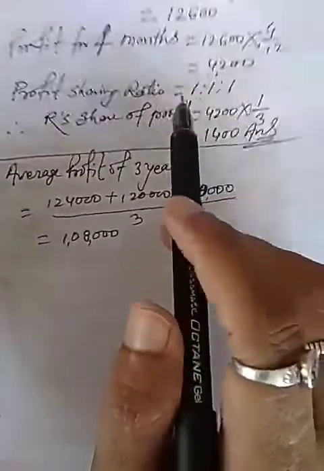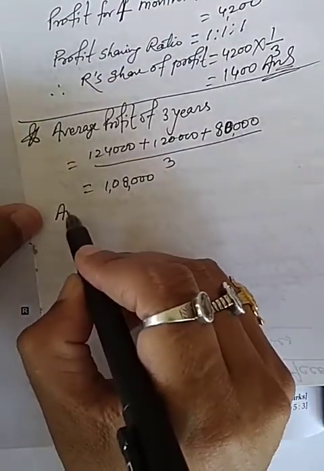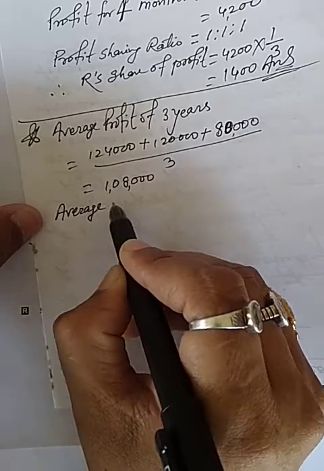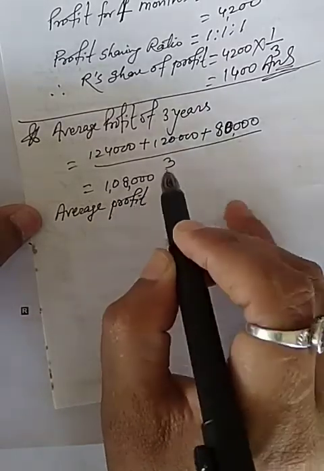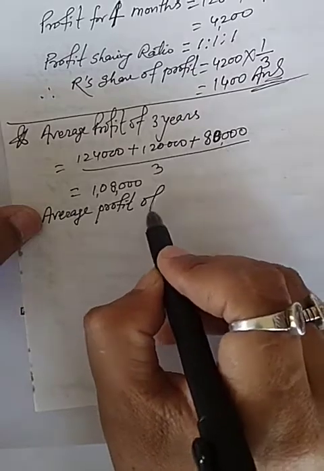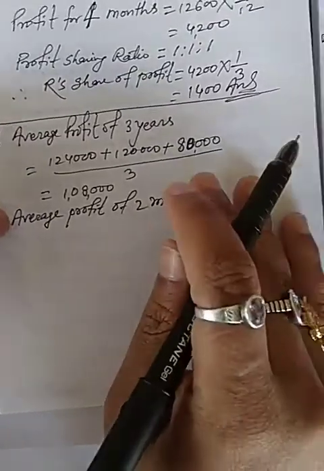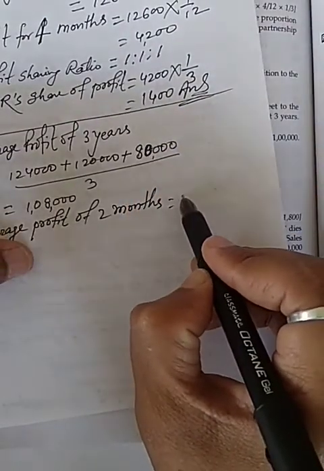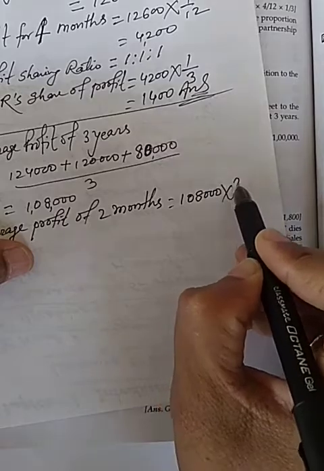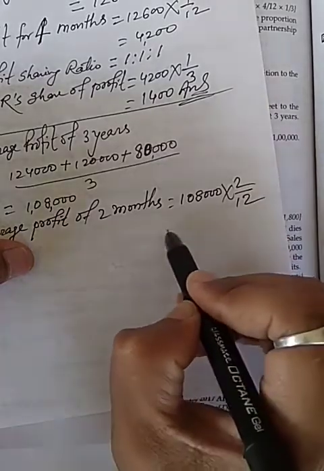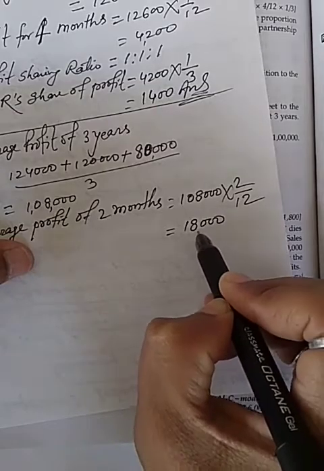So now I will calculate average profit of 2 months. It will be 1,08,000 into 2 by 12, equal to 18,000.